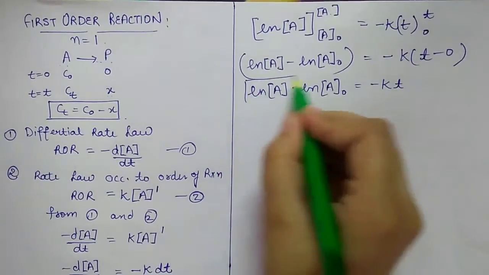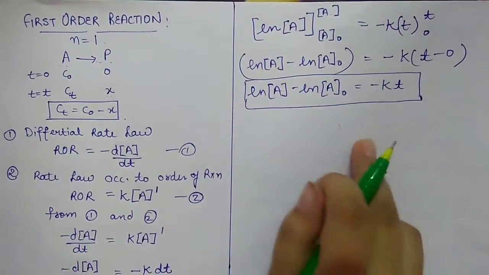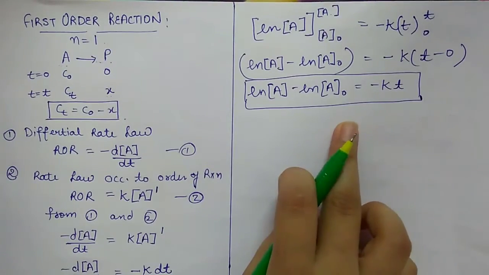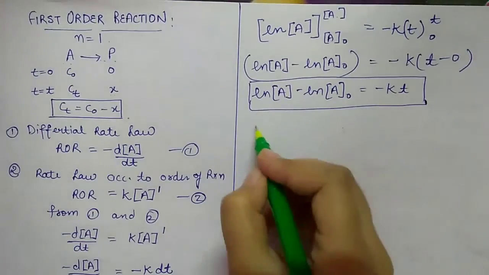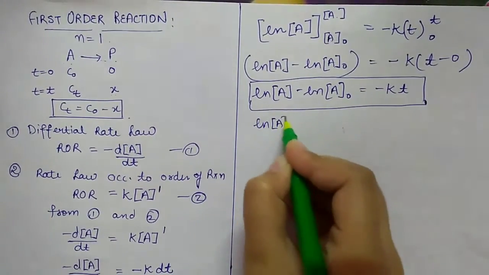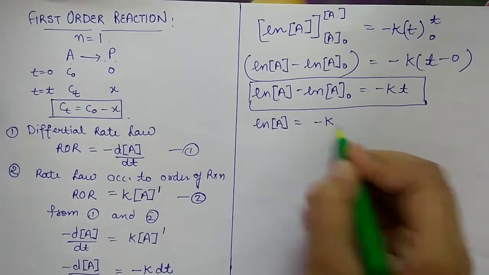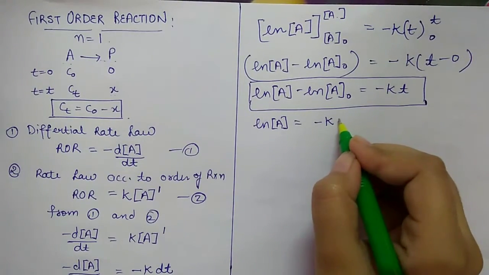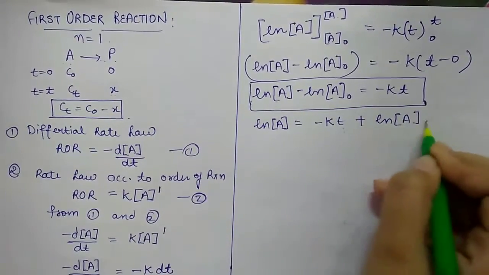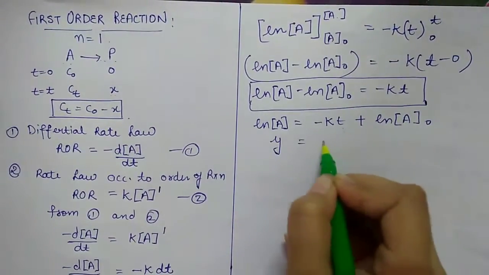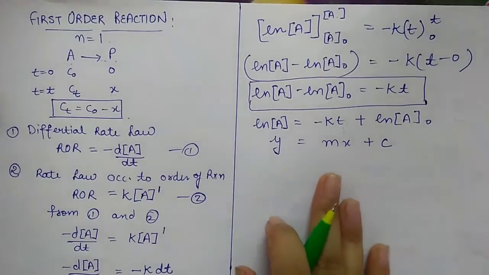So this is the integrated rate law for the first order reaction. Now rearranging this expression so that we can compare it with the equation of a line: natural log A equals minus KT plus natural log A naught. The equation of a line is y is equal to mx plus c, in the similar way we did before for the zero order reaction.